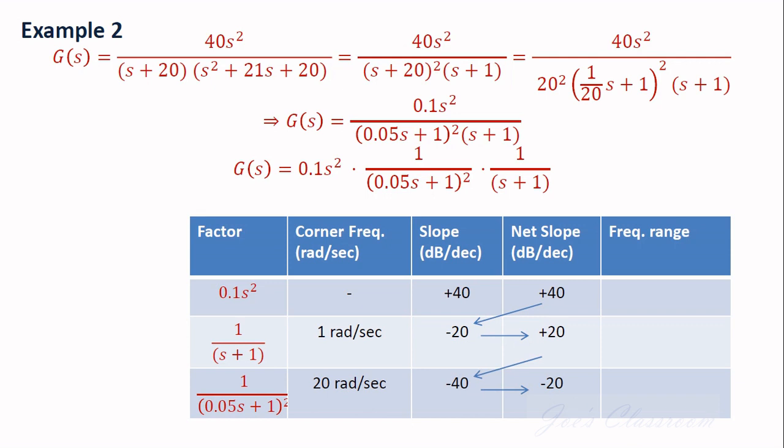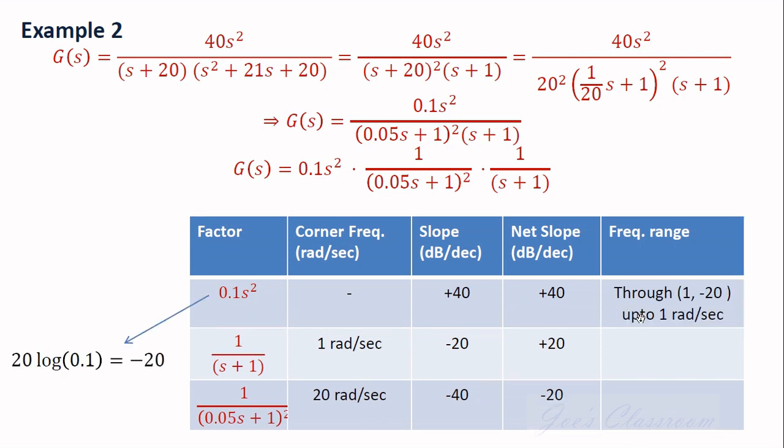Super. Now frequency range, and this line with plus 40 decibels per decade is valid up to the first corner frequency, that is 1 radian per second. And since this is a differentiator, it will pass through 1 comma 20 log K, where K is equal to 0.1.